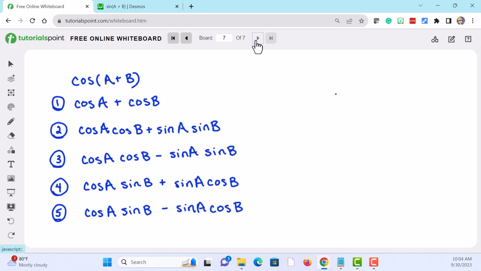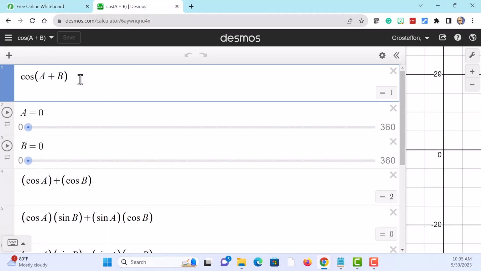For our last exercise, we have cosine of a plus b. Which of these expressions is equivalent? Again, we'll use Desmos to explore. Up at the top, we have cosine of a plus b, and when a is 0 and b is 0, that's equal to 1.